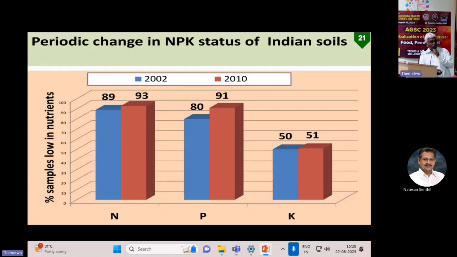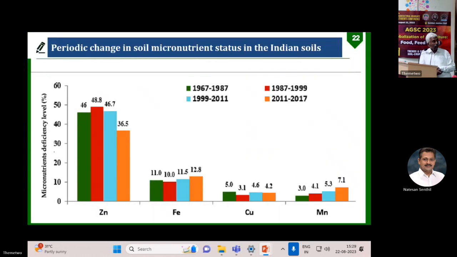This is another indication wherein the deficiency is very high in the major nutrients N, P and K. Even if you take a variation of 8 years, it is evident. Soil micronutrient status in Indian soils has also decreased as you move from 1967-87 to even 2011-17. There is also a grave situation we are seeing here.